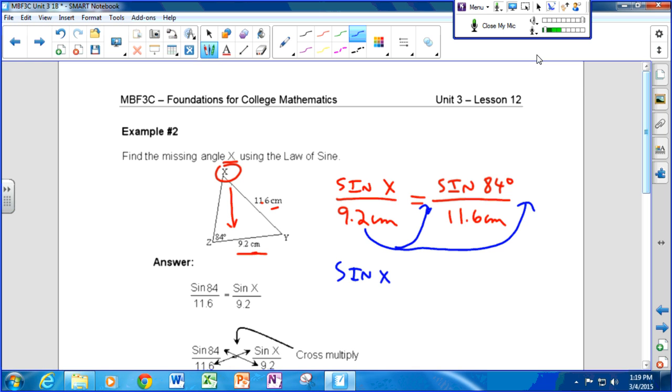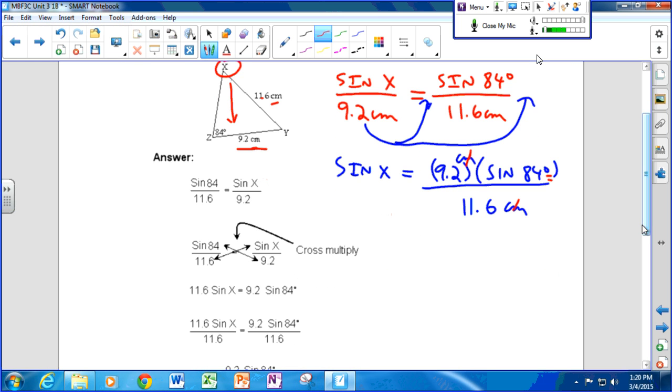Just because of the way I learn my math, I'm going to put the 9.2 centimeters, 84 degrees over 11.6. Actually, let me just put the centimeters in. I'll show you what happens here: the centimeters cancel out, and the only unit we're left with is degrees, which makes sense because we're trying to find an angle in degrees.